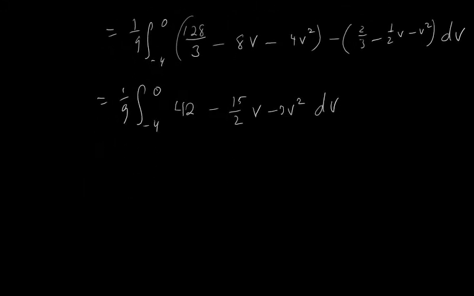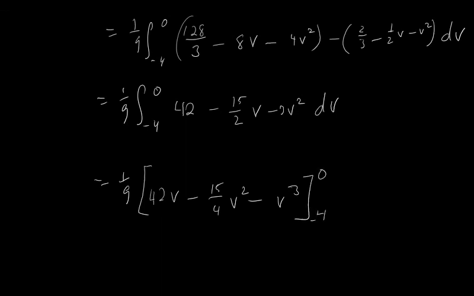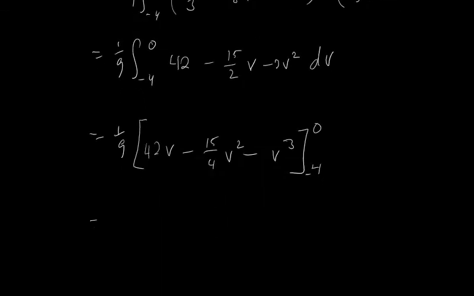So let's integrate this. We get 1/9 times 42v minus 15/4 v squared minus v cubed, evaluated from negative 4 to 0. Putting in a 0, I just get 0.